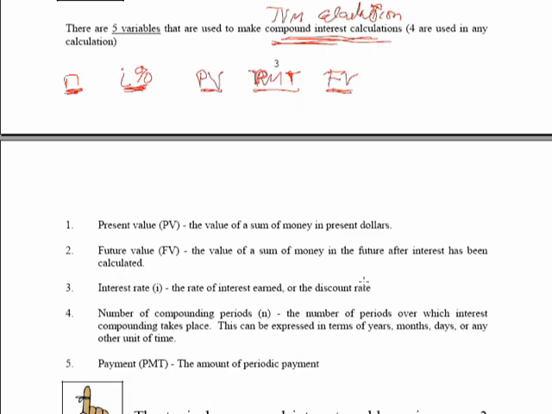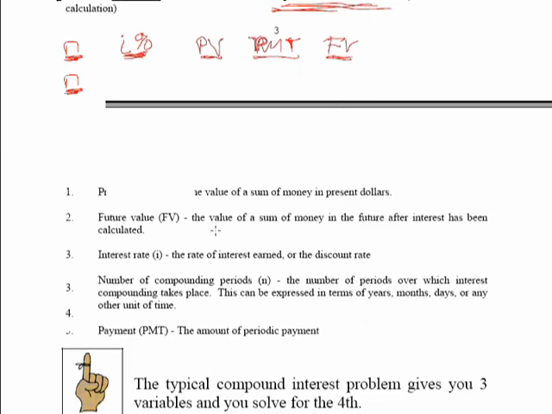And again, the way you can think about some of these problems we're going to be looking at, especially in the problem sets and throughout the examples in the next couple of sections, is that if I know any three variables, if I'm given N, I, and PMT, I can solve for present value or future value.